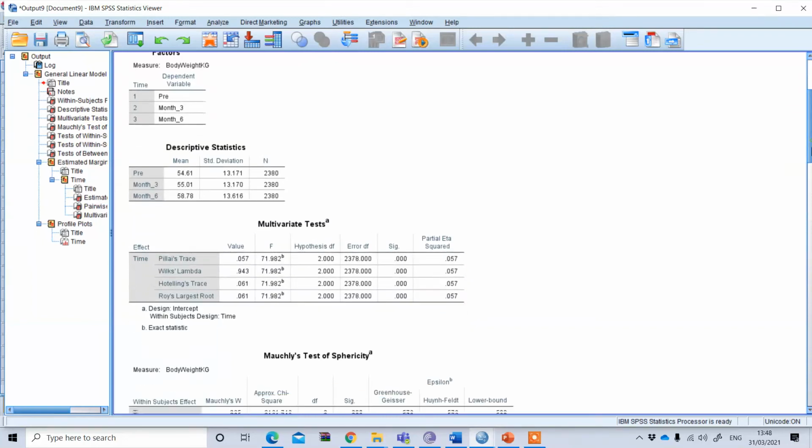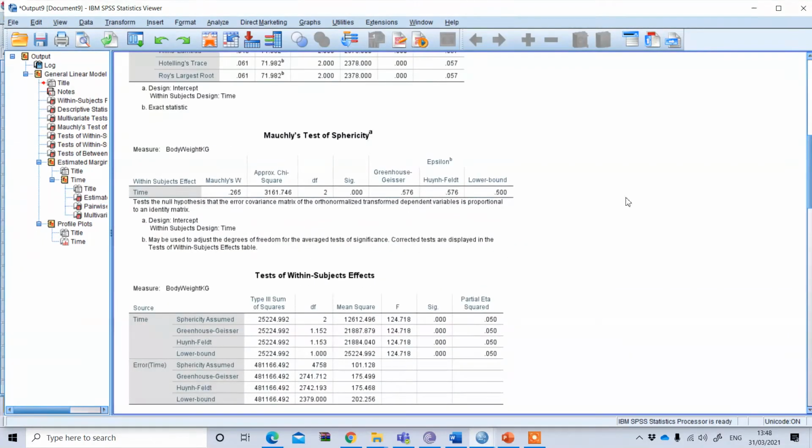Okay, now if I look at Mauchly's test of sphericity, and the significance value, you see this is the p-value, this is actually statistically significant. And if this is statistically significant, that means there is a violation of the sphericity assumption.